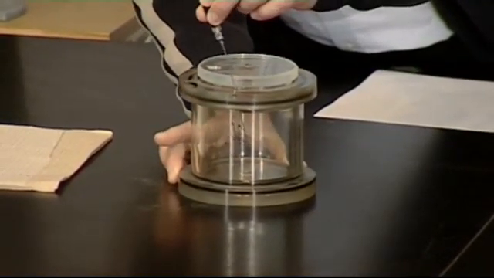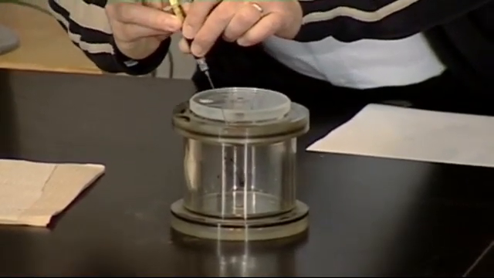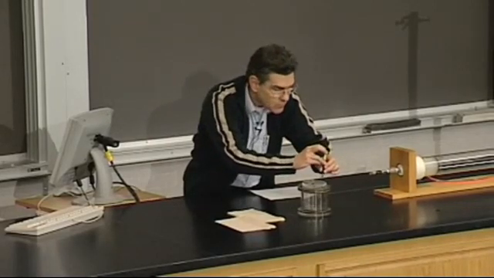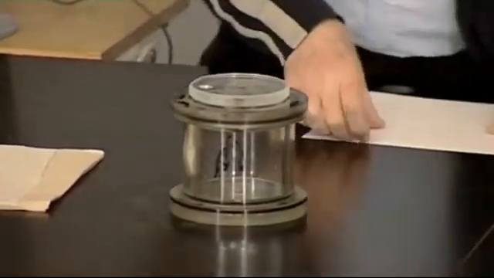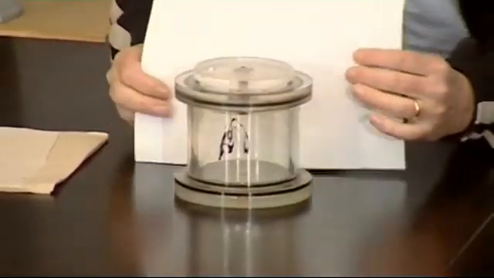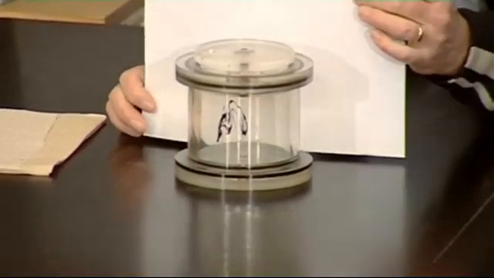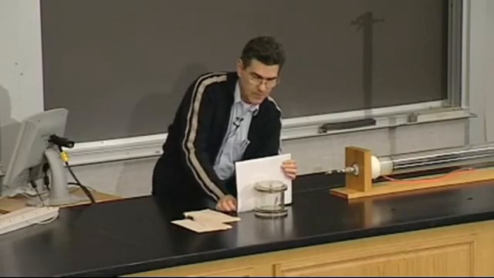And I'm making a little pattern here. Let me see if I can squeeze some more dye in here. Now can you see that pattern of dye? Is it visible? Now what I'm going to do is I'm going to stir this up. So what I'm going to do is rotate one of the two cylinders.